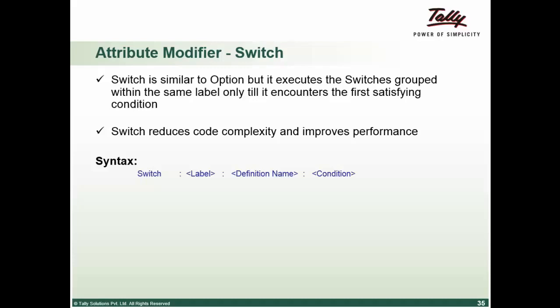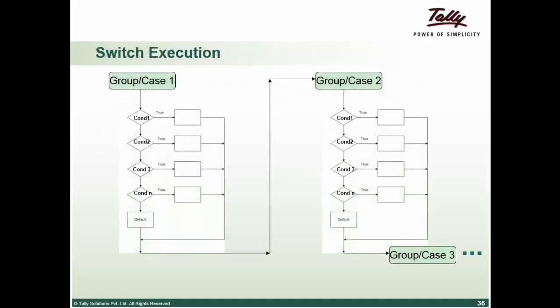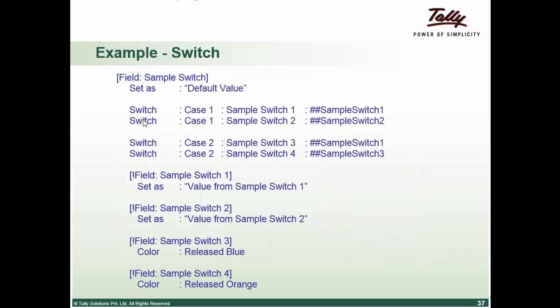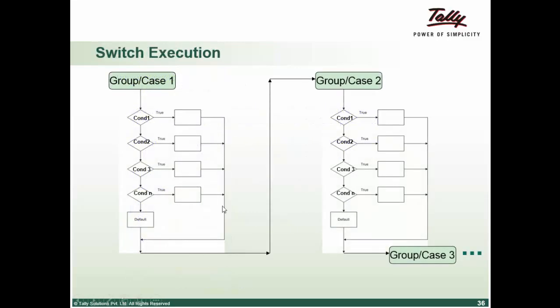So this is an example, a visual view of this. This is group or case 1. So it has some conditions. In option, as you could see, although the condition was true, it was going for a check for the second condition. In this case, what will happen is, in the first group, if the first condition is true, it will just loop out of the condition.